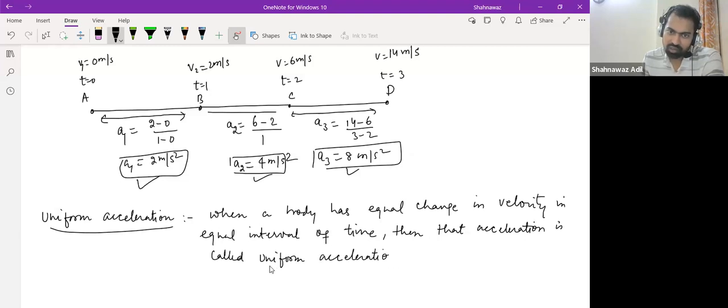This uniform acceleration is very important, right? You have learned the kinematics equations in your 10th class, right, guys? S equals ut plus half at square, v equals u plus at, v square minus u square is 2as. This you know, right?